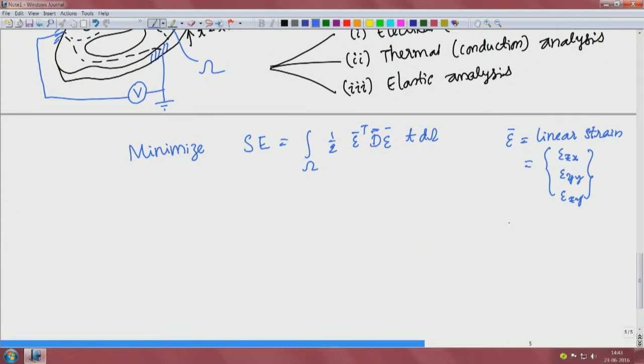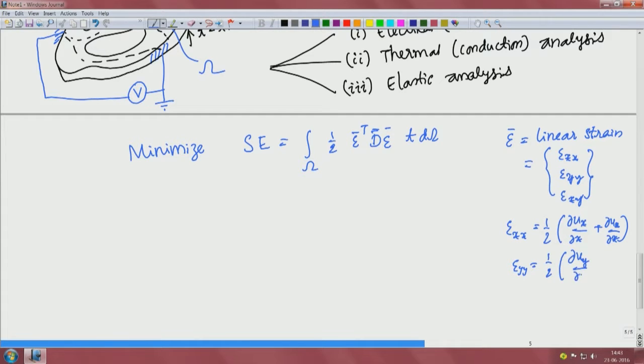Where does that come from? Basically epsilon xx is, I can just write, it will be half of dou ux by dou x plus dou ux by dou x, identical. I am just writing half and this, because that is how we generally write, because that applies to both normal strains and shear strain.